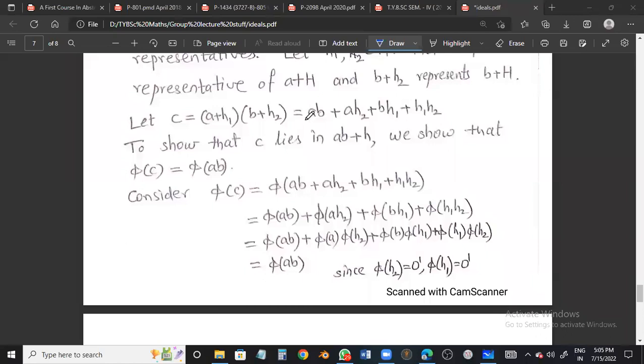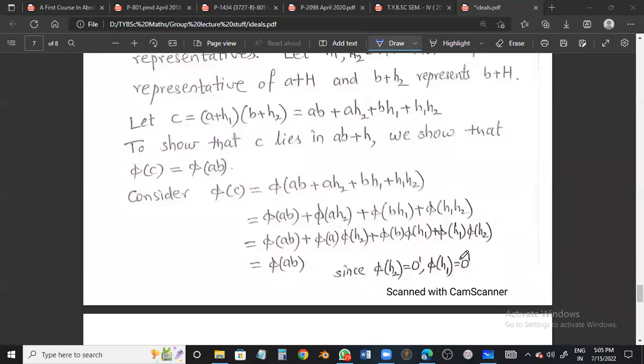Now phi is a homomorphism, so it will split the addition: phi of first plus phi of second plus phi of third plus phi of last. Again, the product also you can separate. So phi of AB, because I want AB, I'm keeping it as it is. We didn't open it, but here you need to open it: phi of A into phi of h2, phi of B into phi of h1.